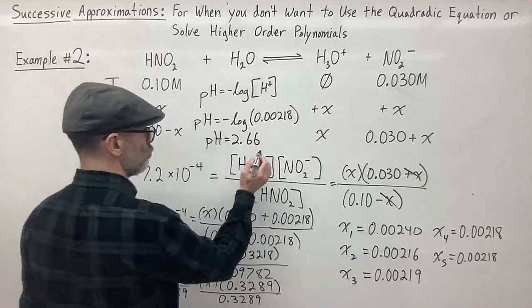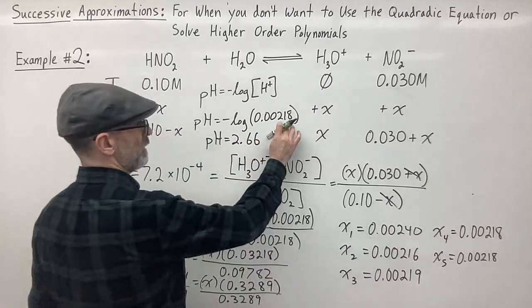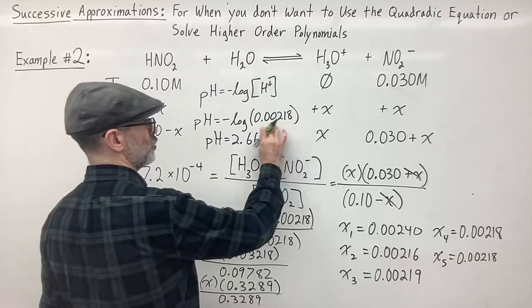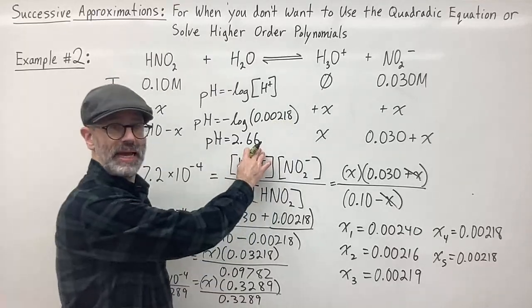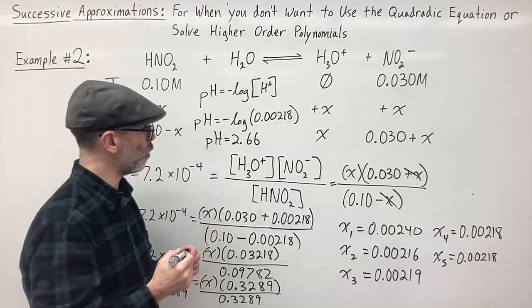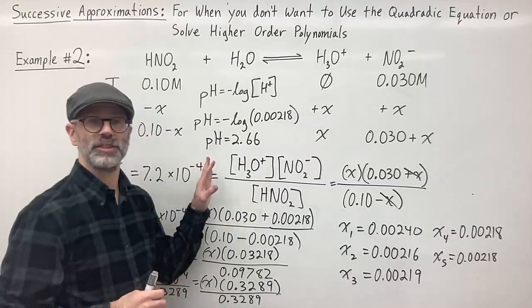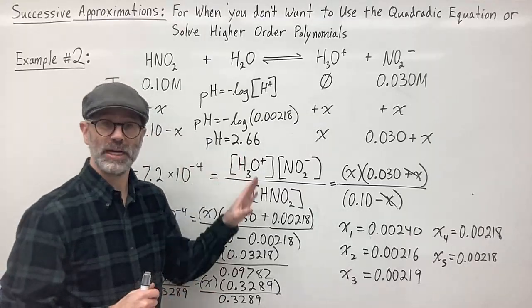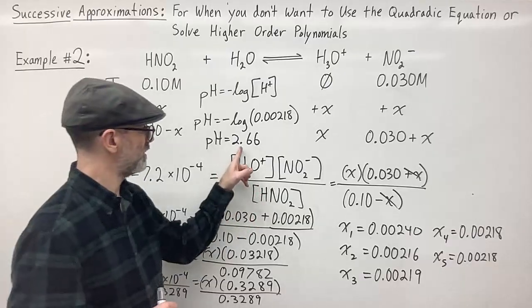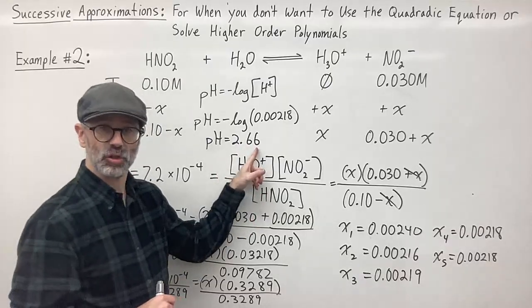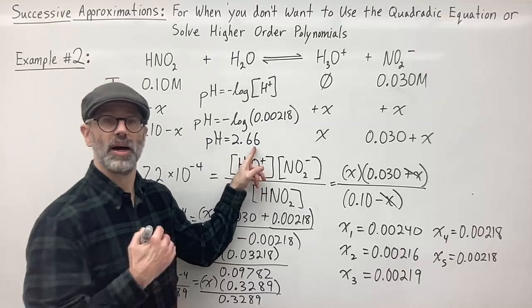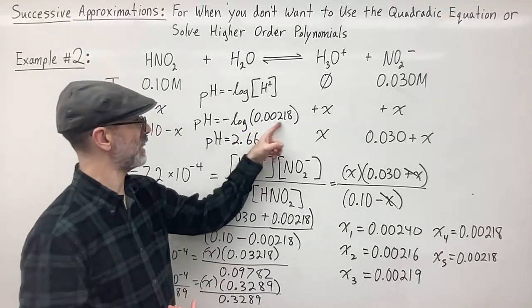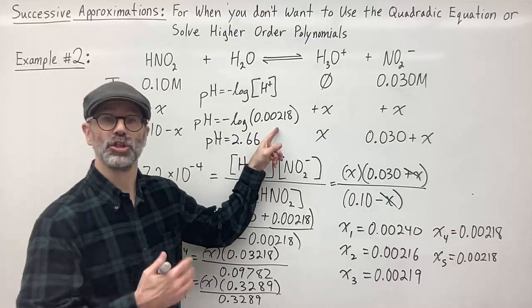So the pH is equal to 2.66. Remember, we kept an extra sig fig. This is actually 2 sig figs in here, and that leads us to a pH that has 2 decimal points. So remember, whenever you're taking the log of a measurement, the number of decimal places in the log is going to be equal to the number of significant figures in the measurement that you took the log of.